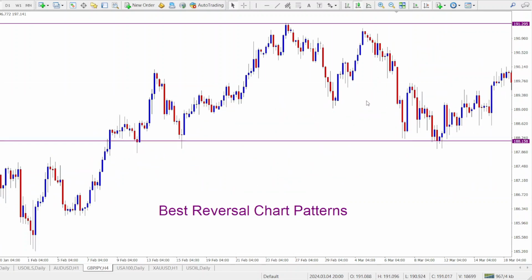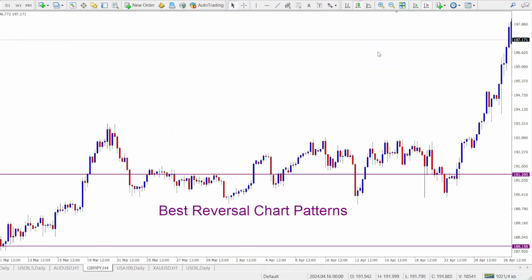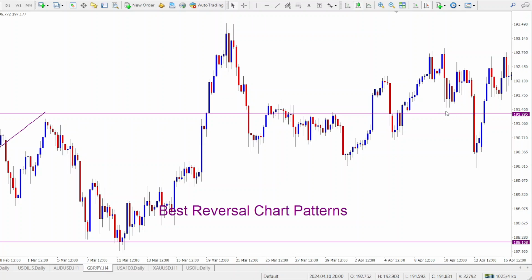Ideally, if the pattern was to play out according to its reversal duties, then we were supposed to have a breakout in the downward direction, because this pattern signals a reversal, and we can see that we had a bearish trend right before the pattern formed. But eventually, price broke out upwards and the bullish move continued after some consolidation.